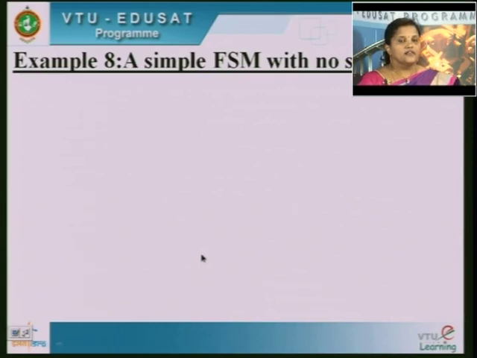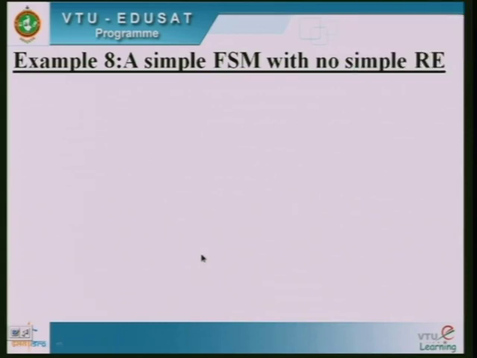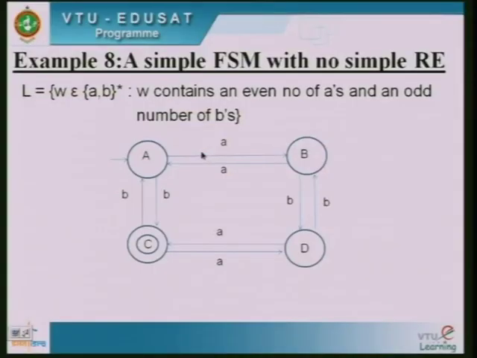So, let us consider the example of a simple FSM with no simple RE. While discussing the regular expression, we constructed a very complicated regular expression for this. So, what was the problem? The problem was defined on a language which contains an even number of A's and an odd number of B's.